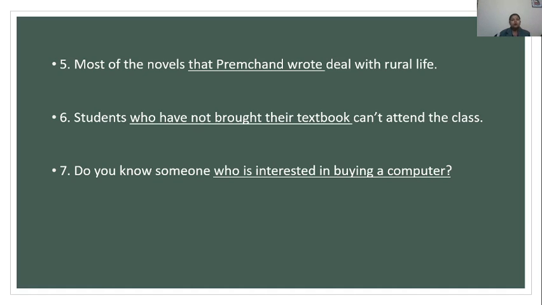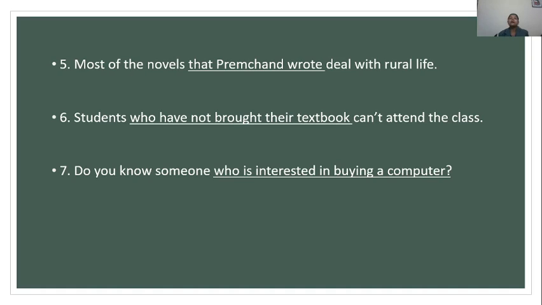Now, most of the novels that Premchand wrote. That Premchand wrote means written by Premchand. Written by Premchand, this is a phrase, children. And that Premchand wrote has a subject and a verb also. Wrote, finite verb. Okay, so it is a clause.